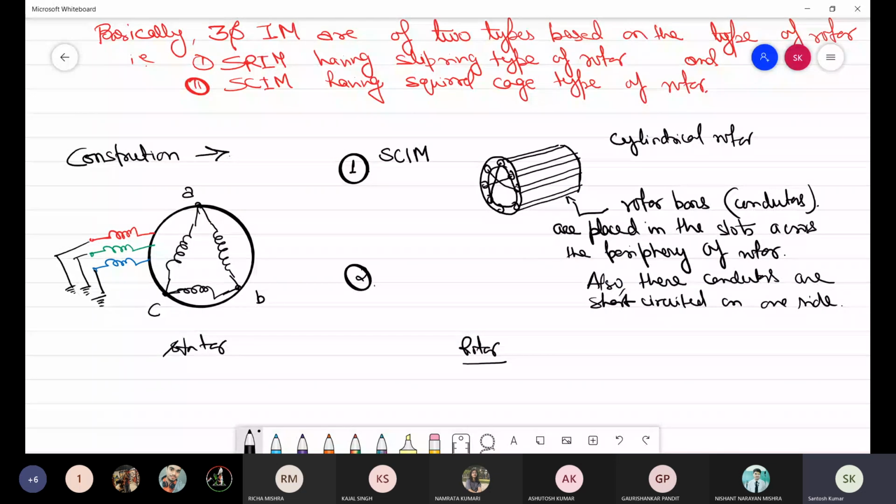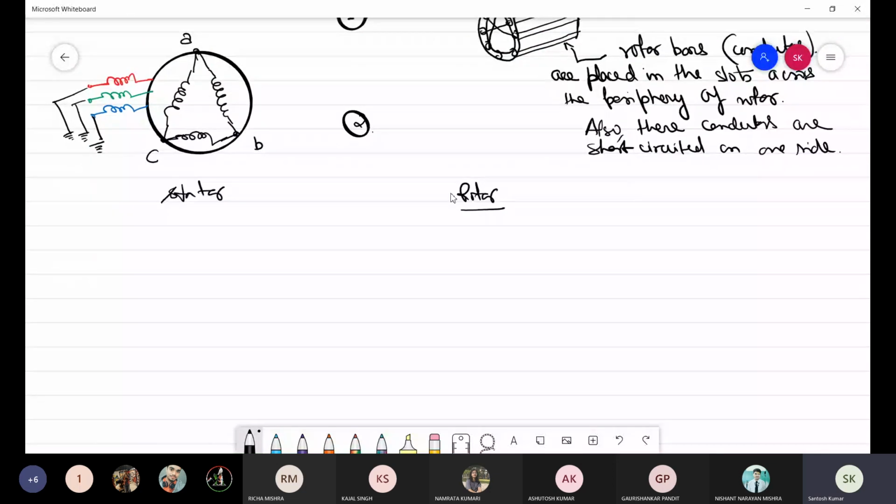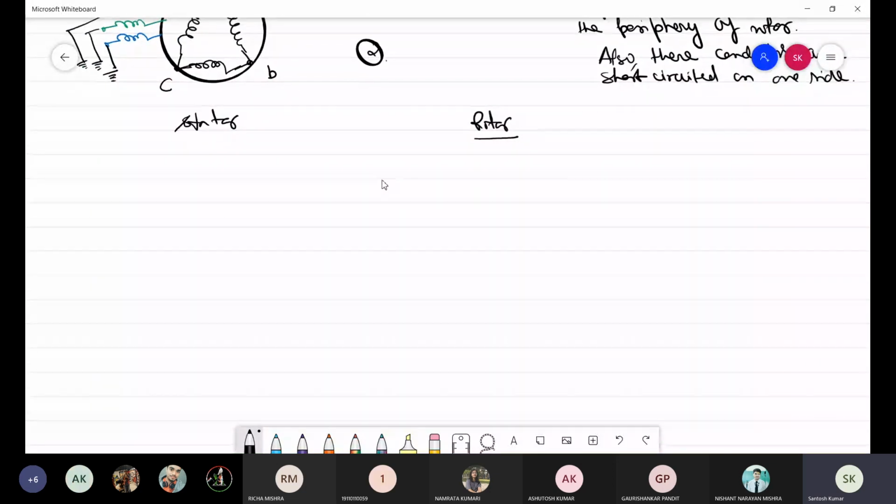ठीक है। नाउ सेकेंड क्लास ऑफ रोटर इज स्लिपरिंग इंडक्शन मोटर। तो उसको हम देख लेते हैं उसकी डिजाइन कैसे है। स्लिपरिंग इंडक्शन मोटर, नाउ दिस इज द रोटर, is like this.